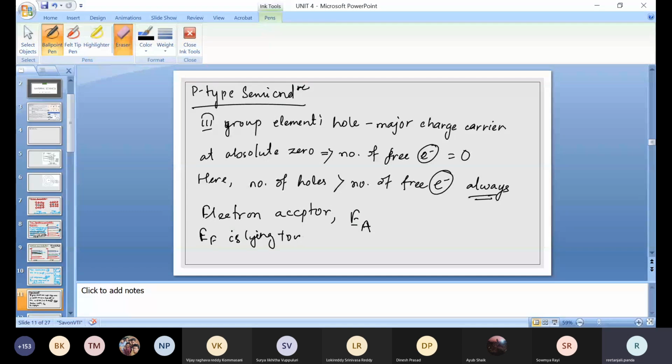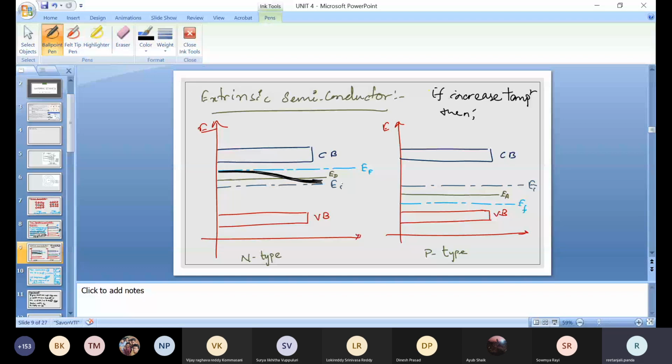As you can see in this graph, the red color one is the valence band, this dark blue color is the conduction band, and EI is the intrinsic energy level, and EA is the acceptor energy level. That means for the dopant we added, EA is the energy level, and the Fermi energy is lying between this EA and the valence band, right? So this is called your EF.